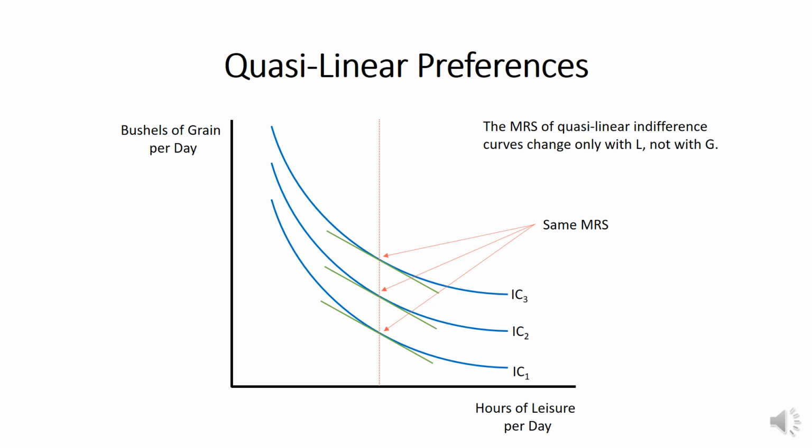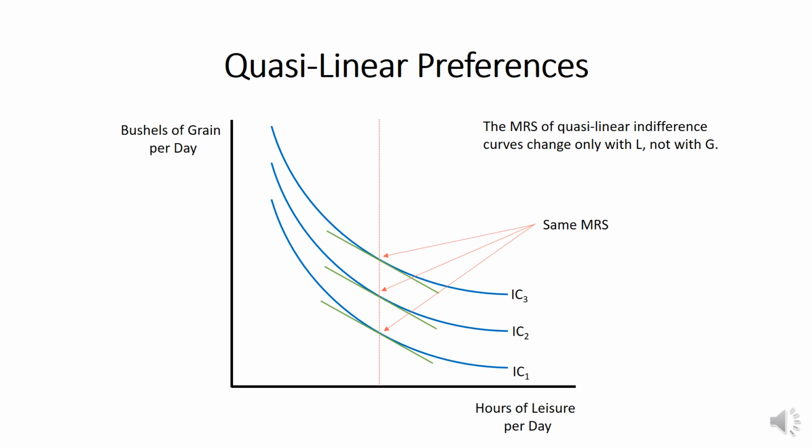And that means that the marginal rate of substitution along these curves is the same for any given amount of the, in this case, the horizontal axis good. So here we have hours of leisure per day on the horizontal axis and bushels of grain per day on the vertical axis.